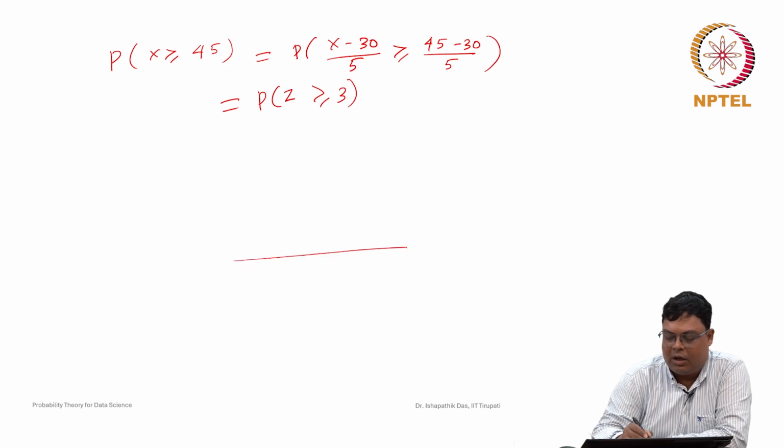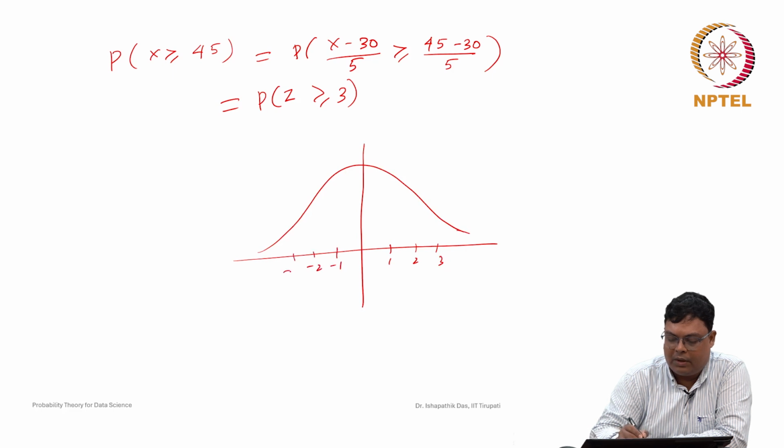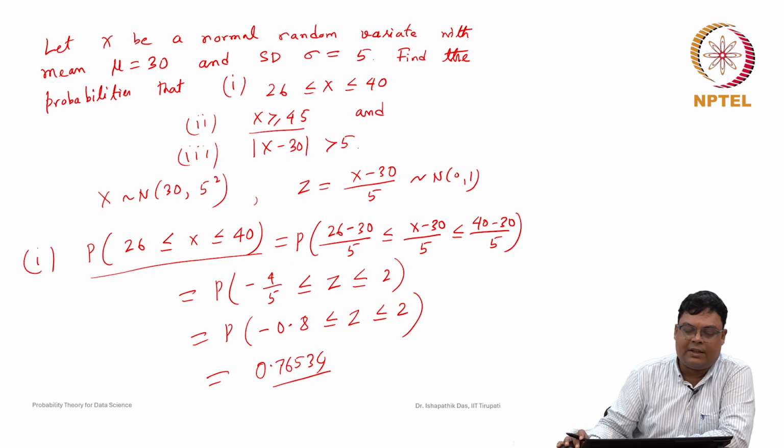Now, in this standard normal curve, this is 1, 2, 3, and this is minus 1, minus 2, minus 3. Z greater than or equal to 3 is asked, and by symmetry this is the same as z less than or equal to minus 3.